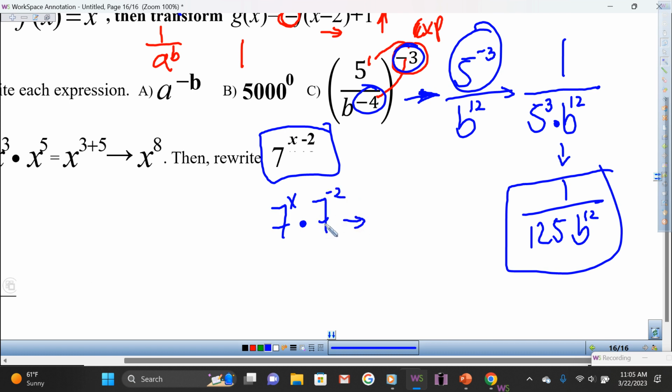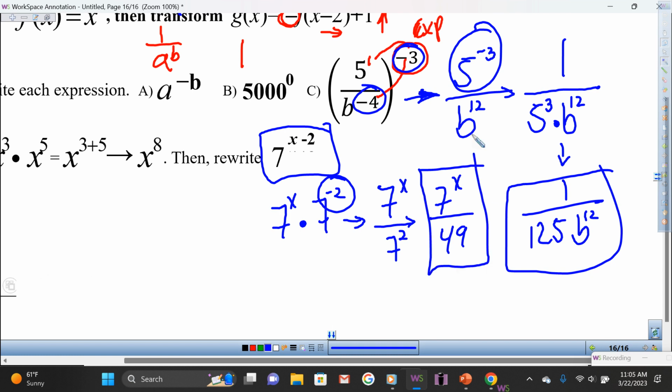Very good. Can we have a negative exponent? No. So this is 7 to the x over 7 to the positive 2 power, which can be simplified to 7 to the x over 49. All right.